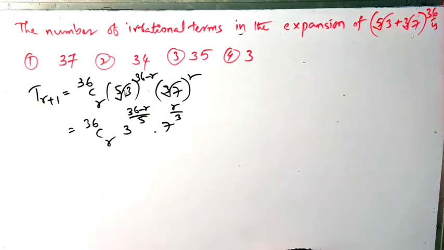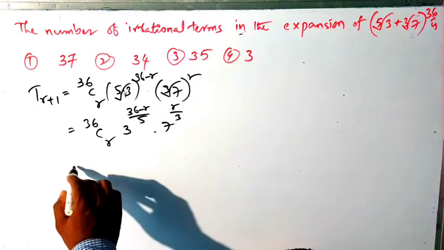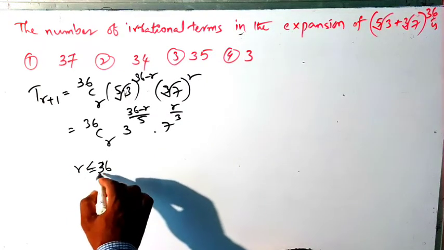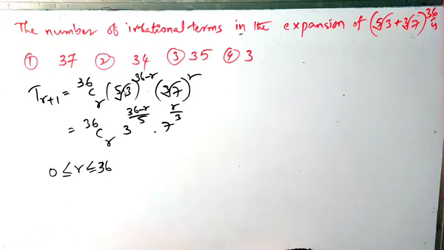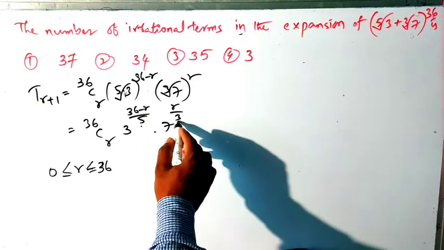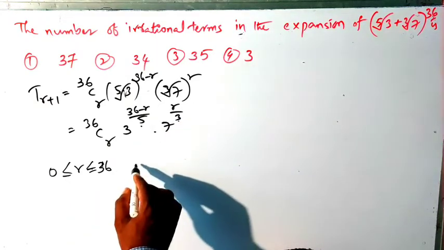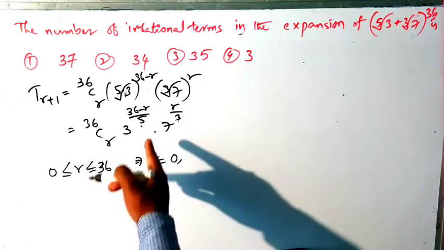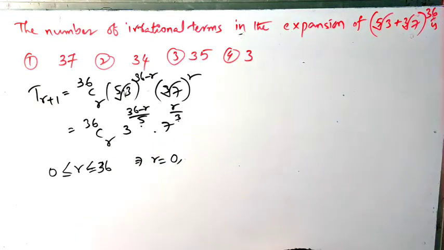Now we find out the rational terms. What do we take here? The LCM of 5 and 3 is 15. The r values are in between 0 to 36. Clear? So we have to take multiples of 15, that is r equals 0. 0 is also a multiple of 15.